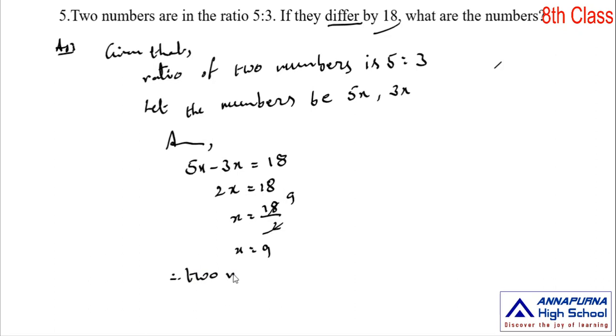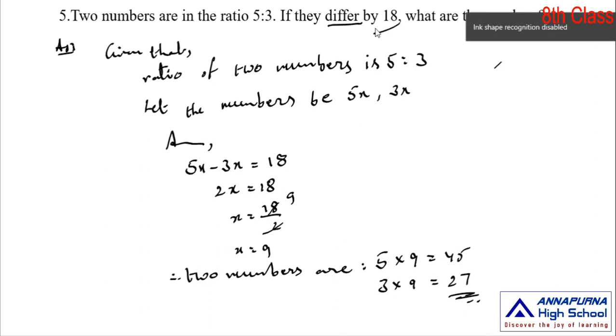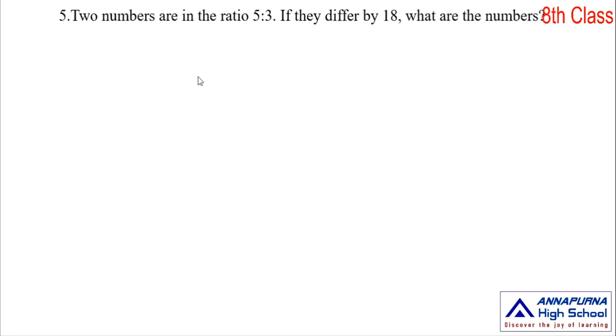Therefore the two numbers are: one is 5x, which means 5 into 9, 45, and the second number is 3x, which means 3 into 9, 27. So these are the two numbers. In case you guess the second number from the second condition, let's see what happens.